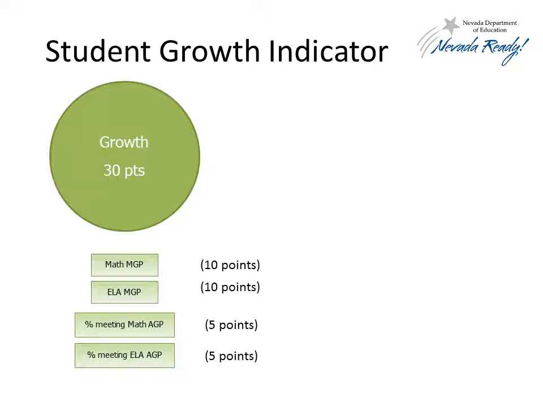Adequate growth percentile, AGP, is a criterion referenced measure which compares the student's SGP against the percentile needed to become proficient or stay proficient in the next 3 years or by the end of 8th grade. The AGP, therefore, is the percentage of students meeting their SGP targets and can be determined for each school.